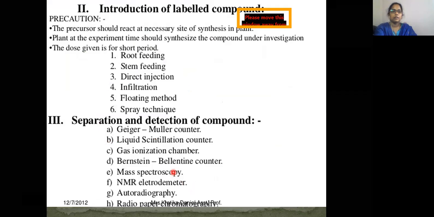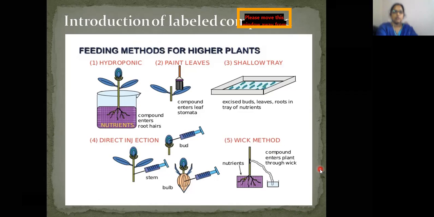And the fourth one is infiltration. This is our infiltration method, also known as the wick method. Here the plant remains in the soil itself. You cut a small edge of the stem, and you take a cotton wick.